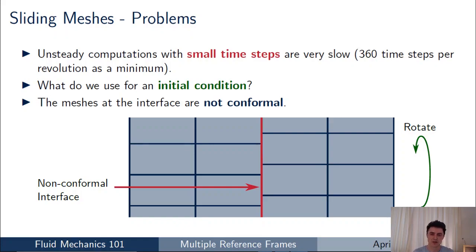And that means at the end of each time step, those cells aren't necessarily going to line up. You can see there's an offset there. And CFD codes will have to do some type of clever interpolation algorithm in order to account for the non-conformal interface. And that can often make the computation more unstable and may diverge if the motion is too large.